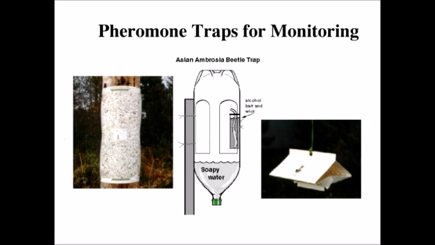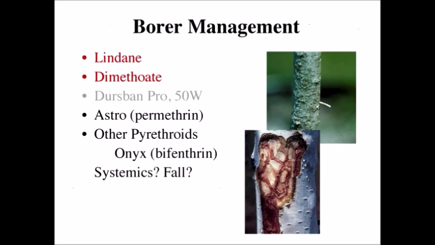There are lots of pheromone traps for many of these clear-wing borers and some of the beetles. So it could be for your timing. If you've got an issue with these and you expect it, then you could put out some pheromone traps and do some protective spraying as soon as they emerge. Probably you're not going to do this in your yard, maybe in a larger setting.